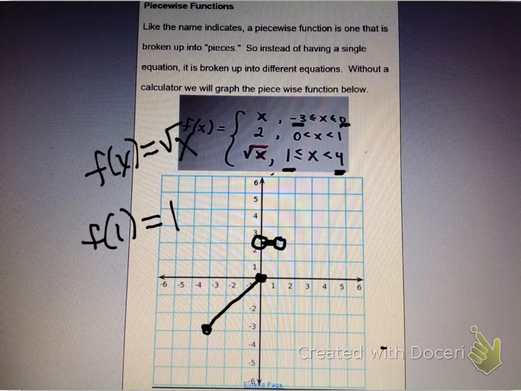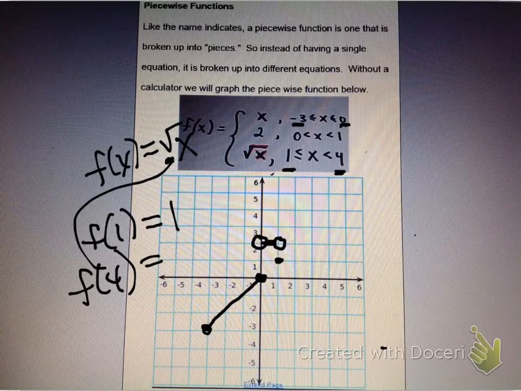And so I'm going to graph the ordered pair 1, 1. And I'm going to be closed on that because it's less than or equal to. Then I'm going to plug in 4, so f of 4. If I plug in 4 for x, the square root of 4 is 2. So when x is 4, y is 2, and I am open on that.